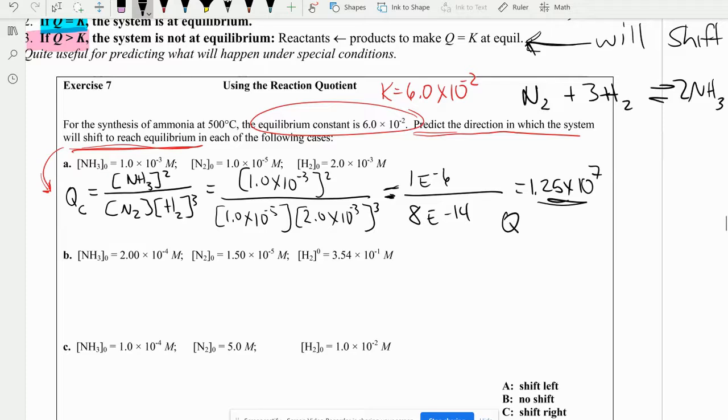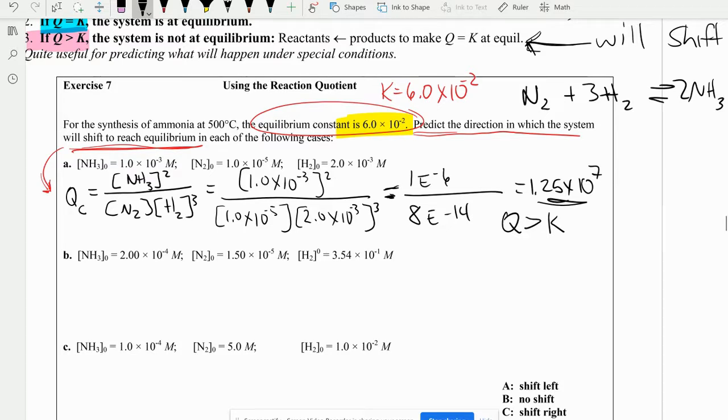Go ahead and take a look at the K value and compare it to Q. One more time, here's our K value. It's given to us in the problem. That's a pretty small number, K is. So in this particular case, Q is way bigger than K. So what's going to happen, you guys? Obviously, this system is not at equilibrium.